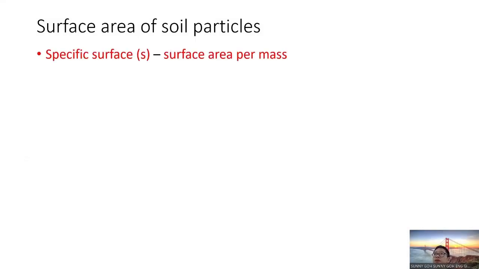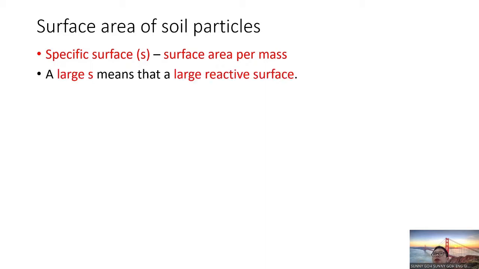Okay. And the surface area of soil particles. When we talk about surface area, we talk about specific surface. Specific surface is referring to surface area per mass. All right. So a large S means a large specific surface, which means a large reactive surface.